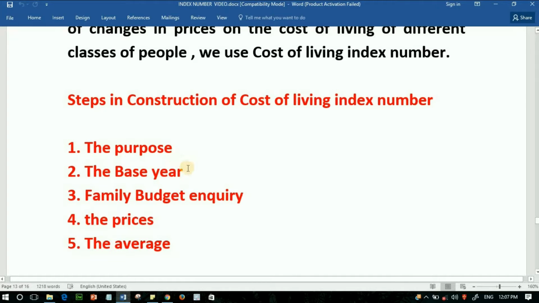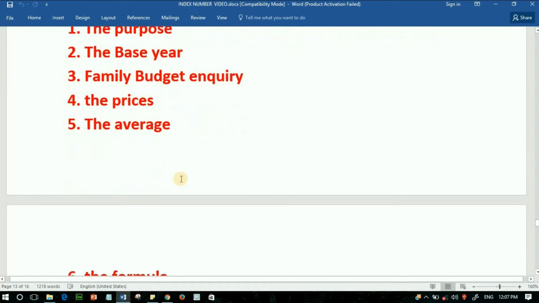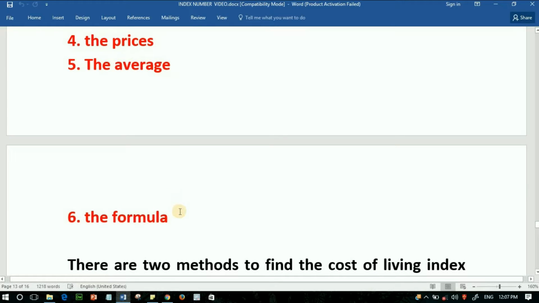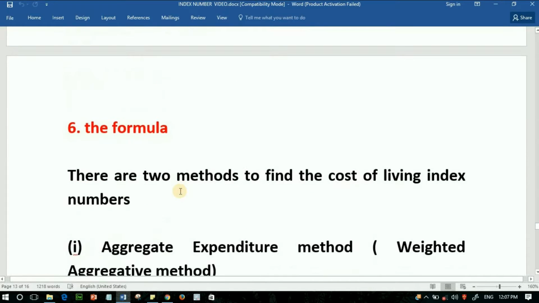Then next is the base year. The only condition is that the base year should be free of earthquakes, famines and floods, etc. That is, we have to take the base year as a normal year. Then the family budget inquiry, we have to collect the prices, and we have to select which average and which formula we are using. These are the steps in construction of index numbers.